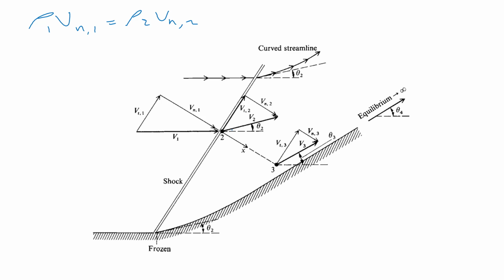Just after the shock, as the flow is frozen, its normal velocity will be high. But as we move away from the shock, due to the non-equilibrium, the density rho 2 will increase. Sorry, earlier I said decrease, this is a mistake.